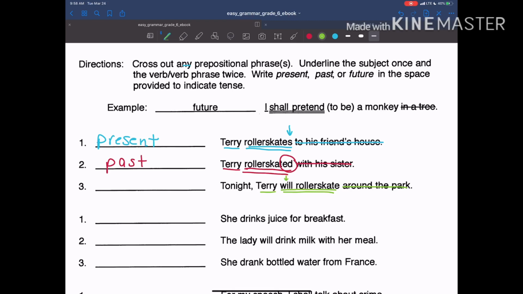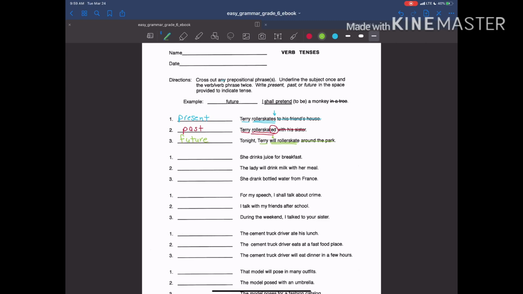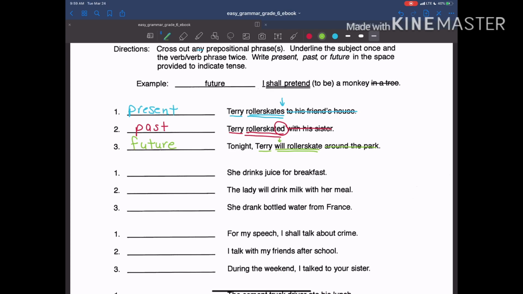Since we have this helping verb here, we know that this is a future tense verb phrase. Okay? I want you to pay attention to this as you do the rest of your assignment today, and make sure that you pay attention to the things that make it present, past, or future.